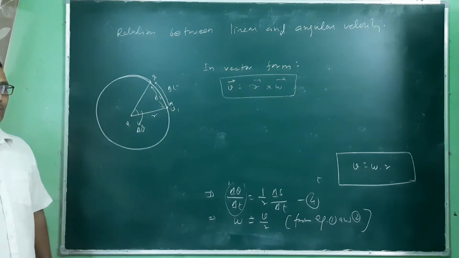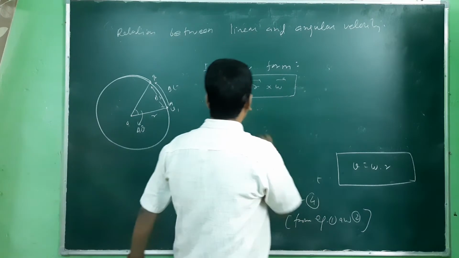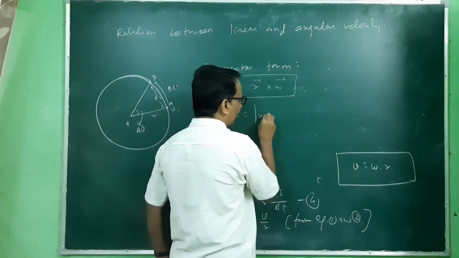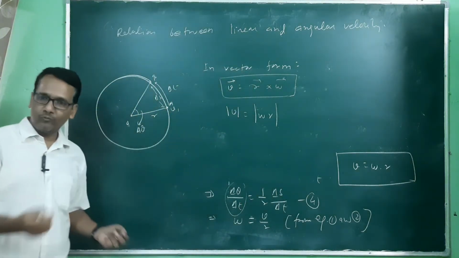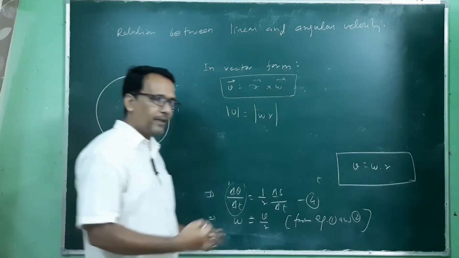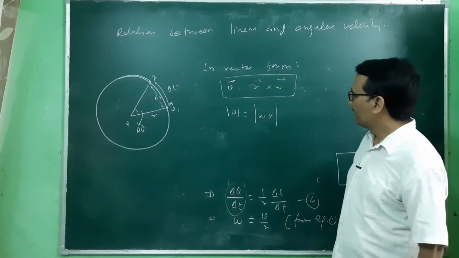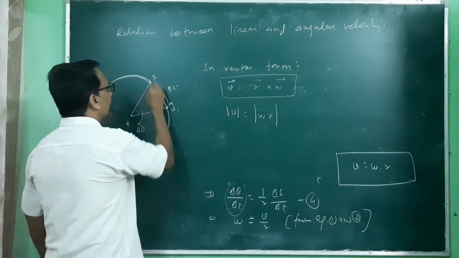Now we have to talk about the direction also. This is the magnitude. So the magnitude of v is the magnitude of omega multiplied by the magnitude of r. This is just the magnitude. So omega and r in numerical form, when multiplied, give the magnitude of v.